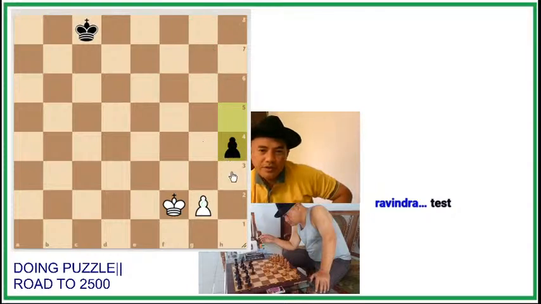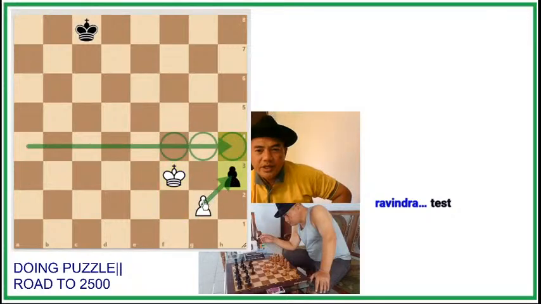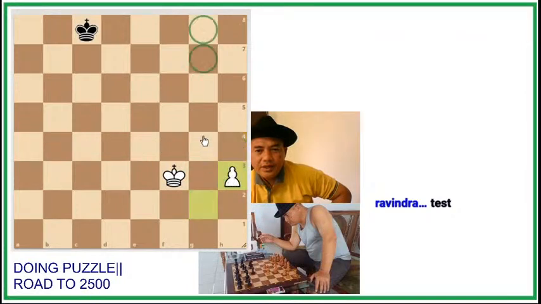For example, if white goes here, then black sacrifices the pawn. Then if white takes, the key square is now changed. When a pawn moves or changes position, the key square will change.